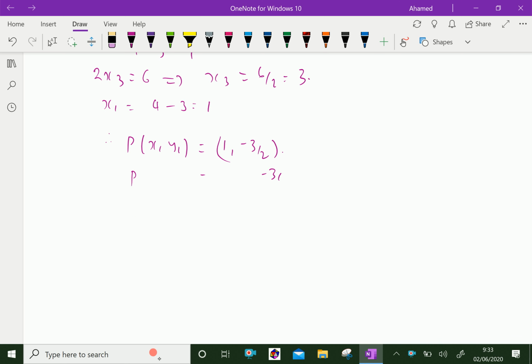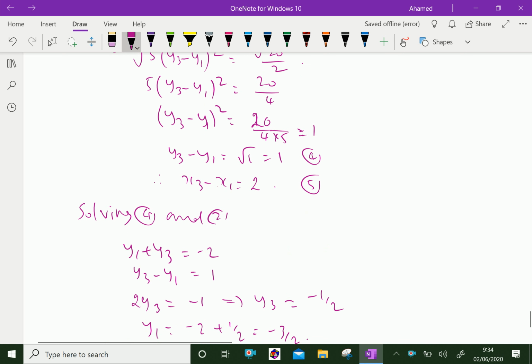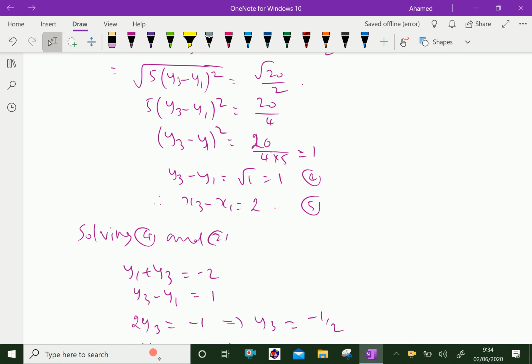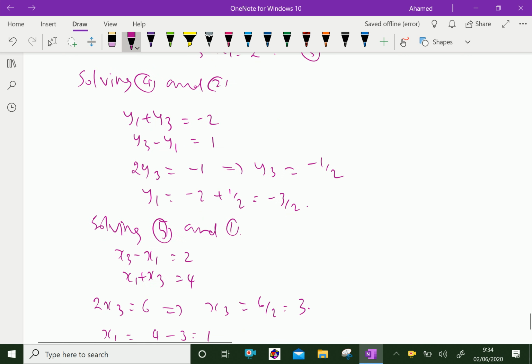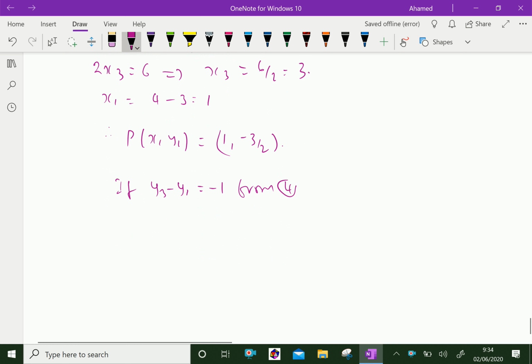Now if we take the square root of 1 for y3 - y1 as minus 1, since the square root of 1 is plus or minus 1, we can get the other values.